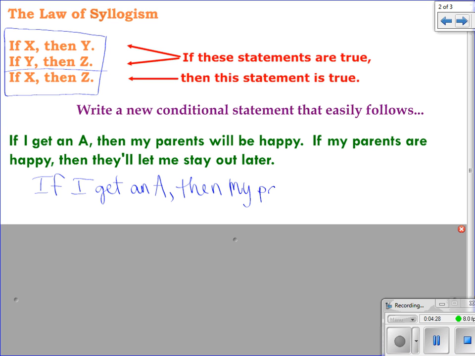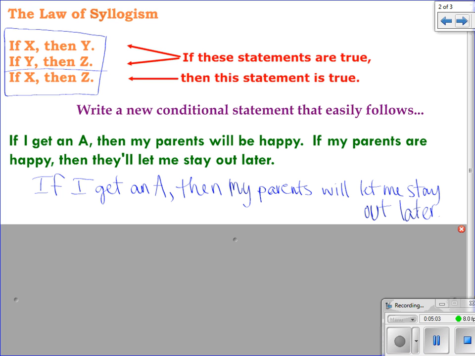My parents. Okay, and you do want to put the word parents in only so that it reads well. If you say if I get an A, then they'll let me stay out later, you don't really say who they are. So since we're talking about parents and we skip over that part when we summarize it, it's good to throw it back in there. So if I get an A, then my parents will let me stay out later.